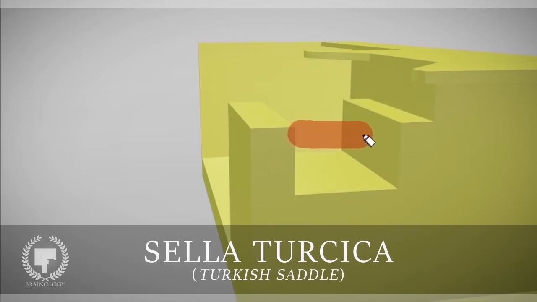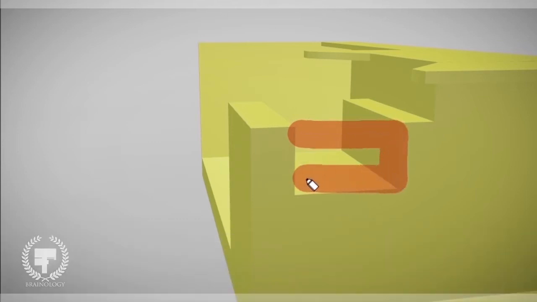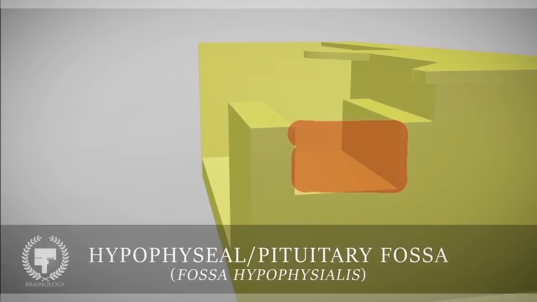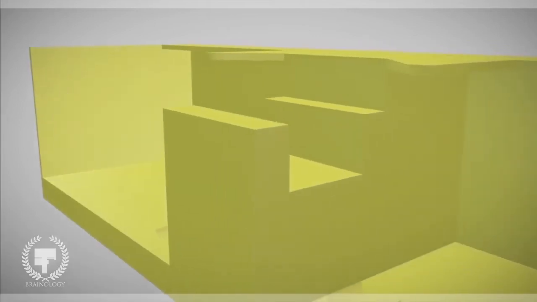And the vertical part of the letter T, this segment, you want to call the hypophyseal fossa. So the hypophysis or the pituitary gland is lying within this fossa, within this hole.